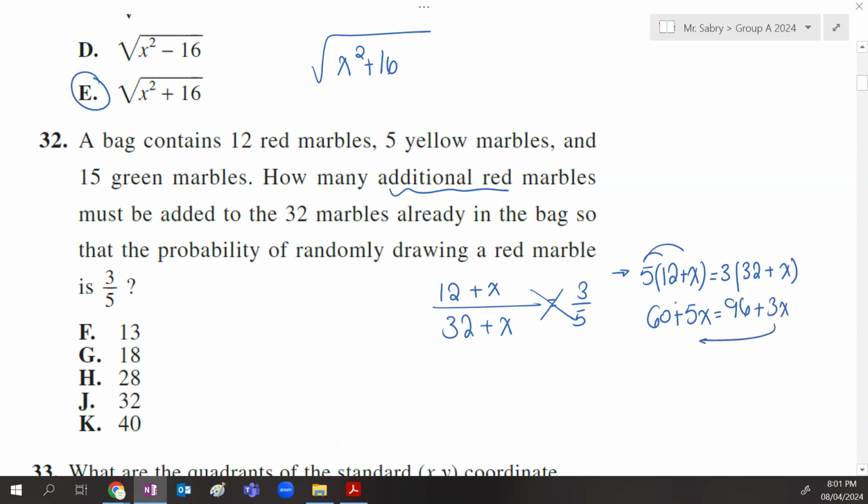Then move the x's with each other and the numbers with each other, and you'll have 2x equals 36, which means x is equal to 18. You need to add 18 more. The only difference that we've seen in this question compared to the other tests is the numbers, but the idea itself is almost exactly the same.